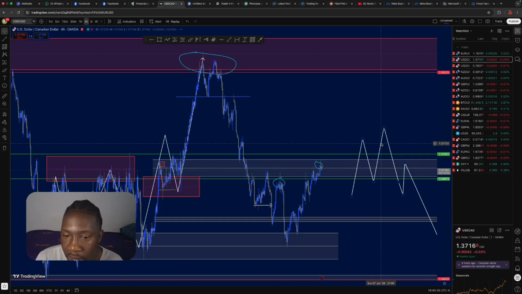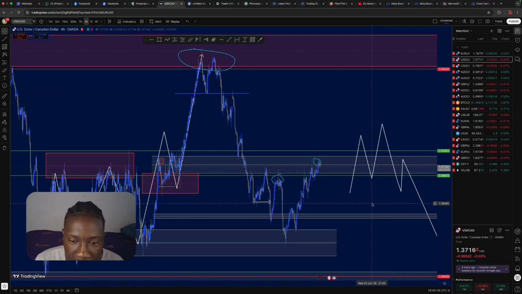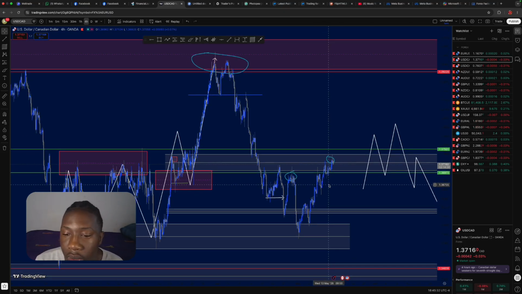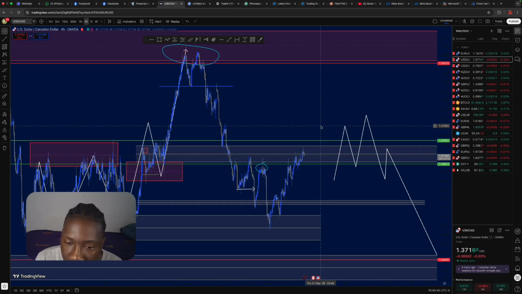Yes, USD CAD. This is the currency that we said yesterday we need a fully return to the downside if it is going to move to the downside.